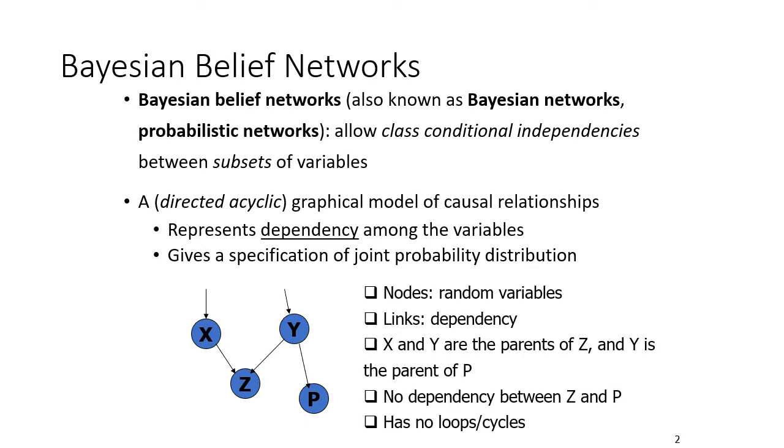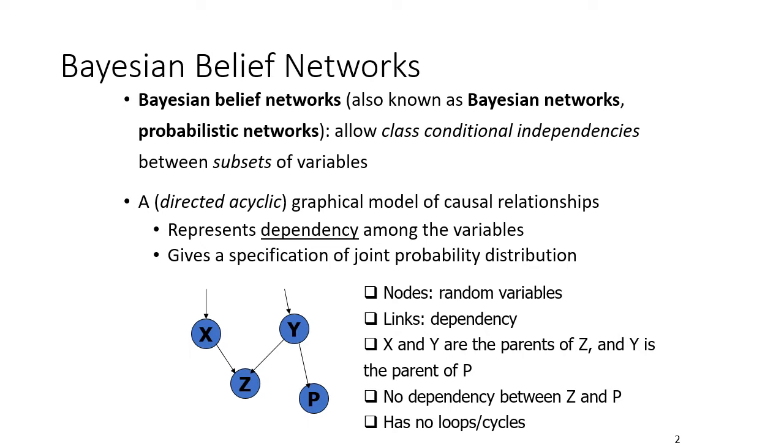It is basically a directed acyclic graphical model of causal relationships where we represent dependency among the variables, and usually we provide a specification of joint probability distribution.